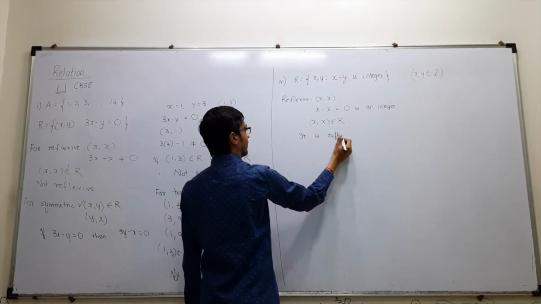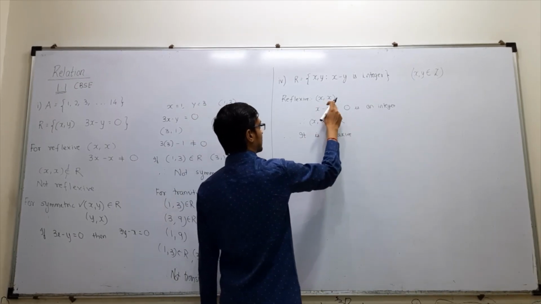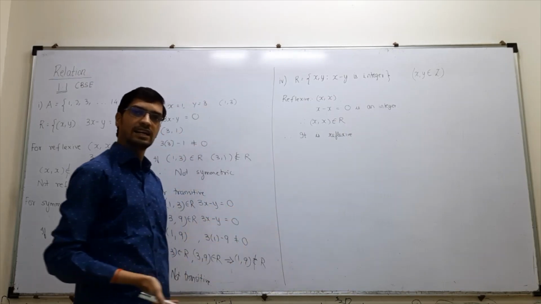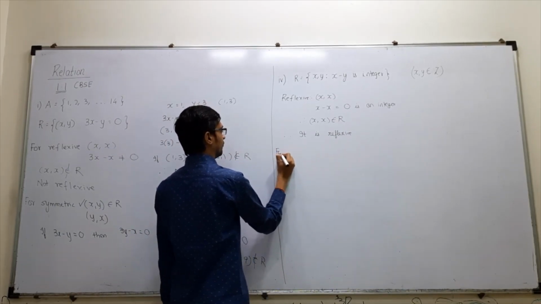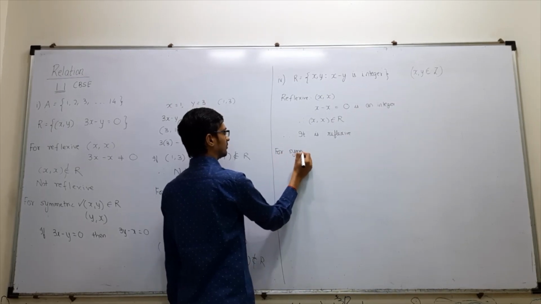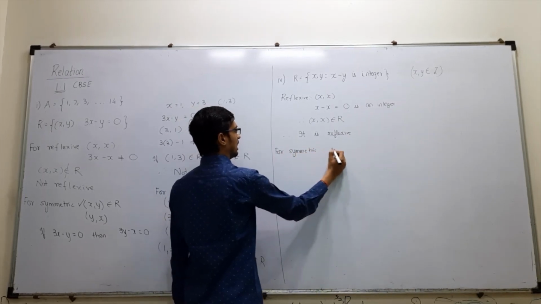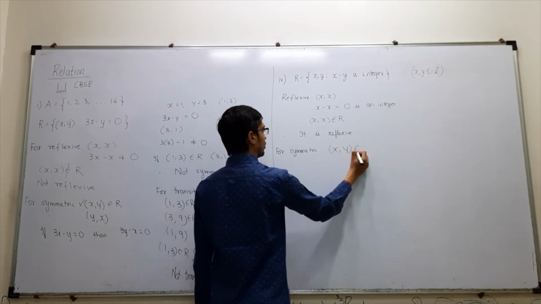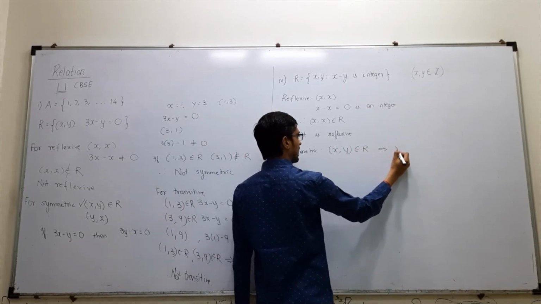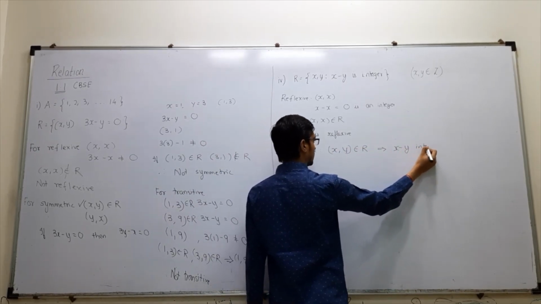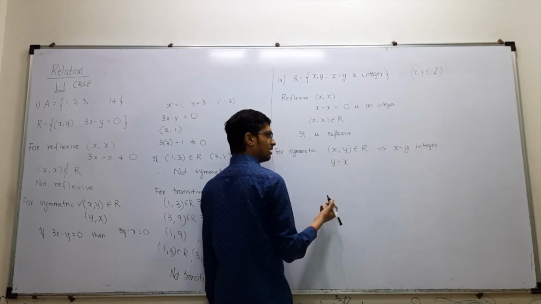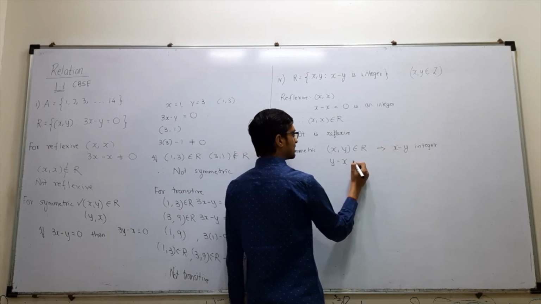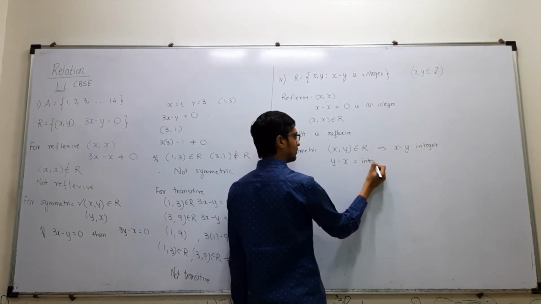It is reflexive, because when the same numbers are subtracted, the answer is an integer, so it belongs to R. So it is reflexive. Now for symmetric, I'll assume that x, y belongs to R implies x minus y is an integer. If I take y minus x, the same numbers reversed, still y minus x will be an integer.